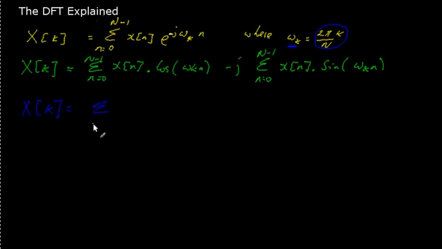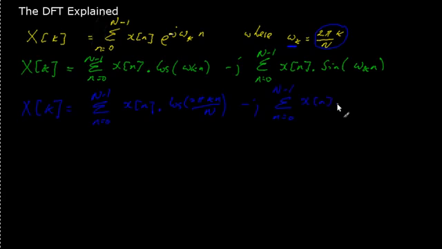So it's a summation between n equal to 0 and N minus 1 of x of n, the signal that we're analysing, by cos of 2 pi k n over capital N, minus j times the summation of n equal to 0 up to N minus 1 of x of n by the sine of 2 pi k n over capital N.